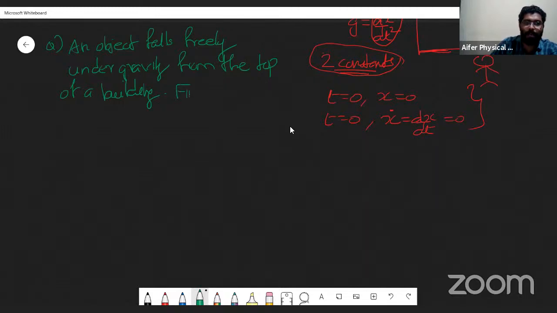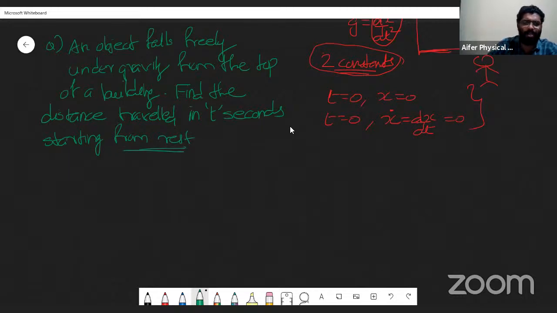Find the distance traveled in t seconds, starting from rest. Okay, starting from rest is actually not needed because it falls freely. Falling freely means initial velocity is 0.